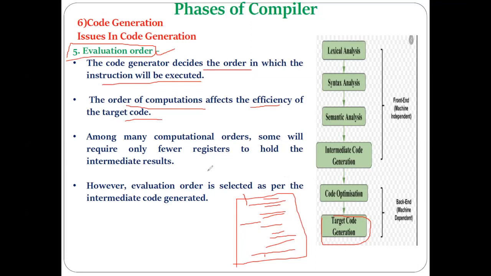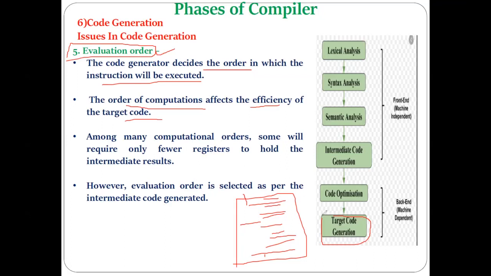Understood? So different evaluation orders can be checked by the last phase of the compiler, and accordingly a particular order can be selected in order to get the execution result faster.